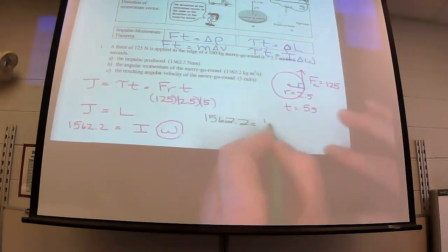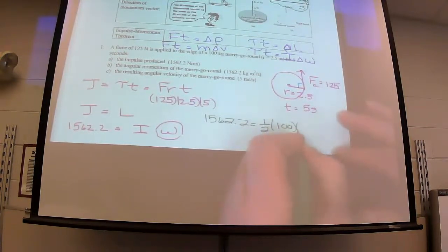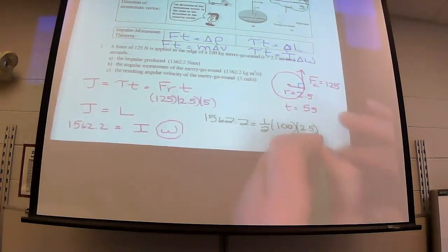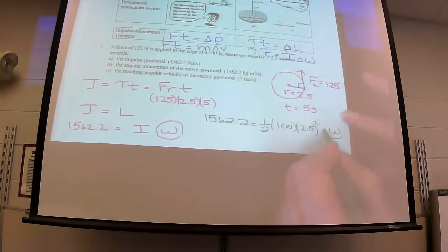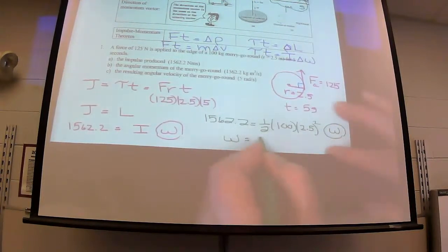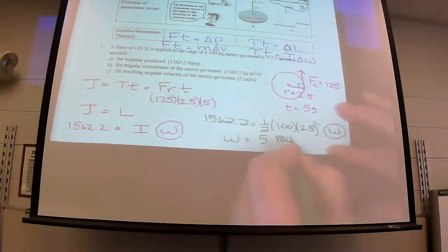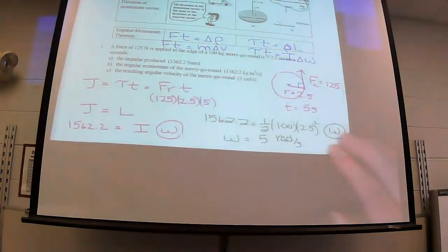So that's a 1/2 m r squared, and they told me the mass, 100. 1/2 m r squared omega. And then I'm solving for omega. And I'm assuming that answer works out, and we would know that the units would end up being in radians per second. So again, it always helps me to take the words and turn it into a real-life picture.